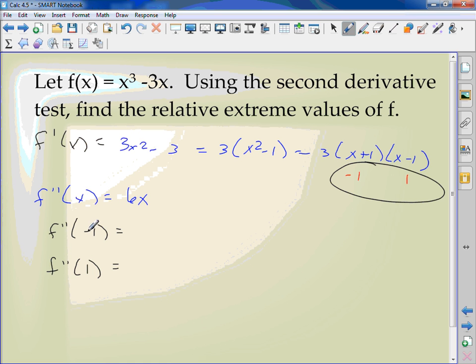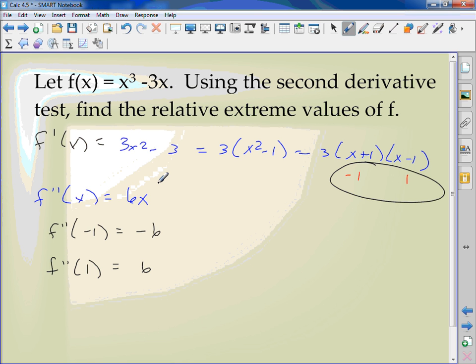I substitute in the negative 1 and I substitute in the 1. So I have negative 6 and I have positive 6. The derivative of 3x squared minus 3 is 6x.